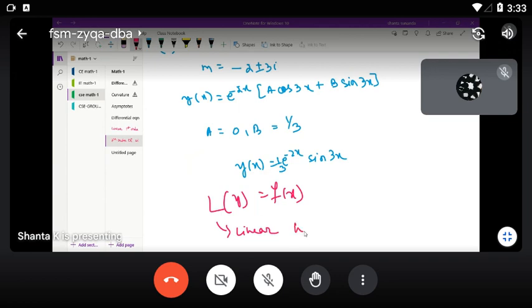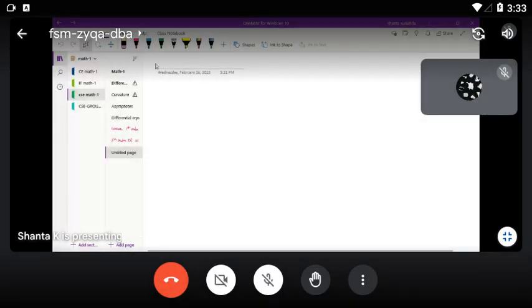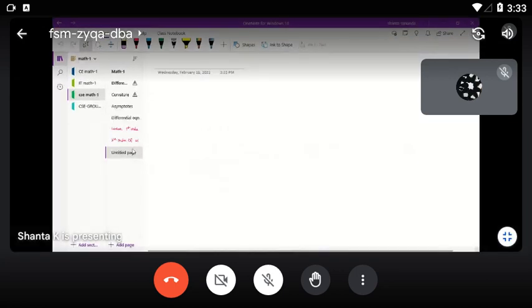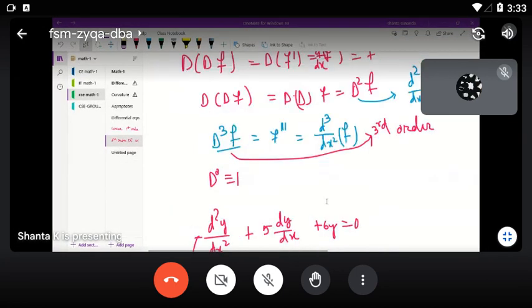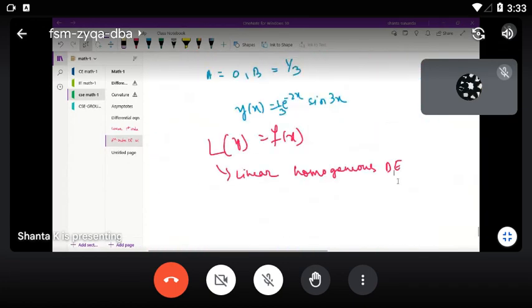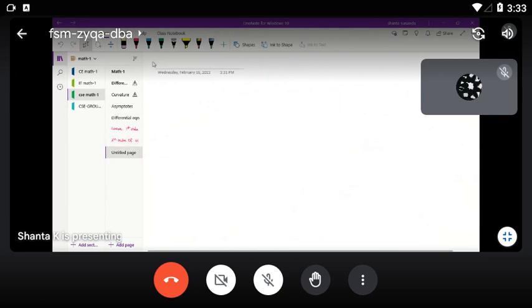So linear homogeneous differential equations. Now we will go for the non-homogeneous linear differential equations.